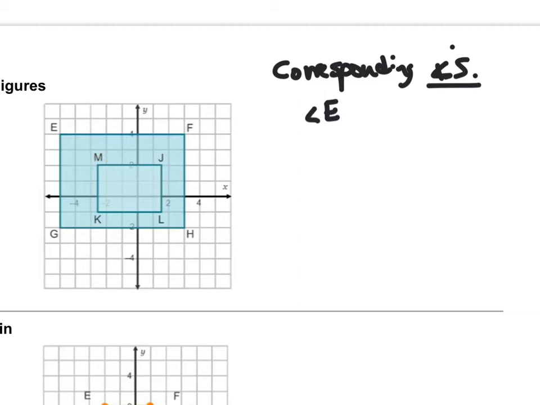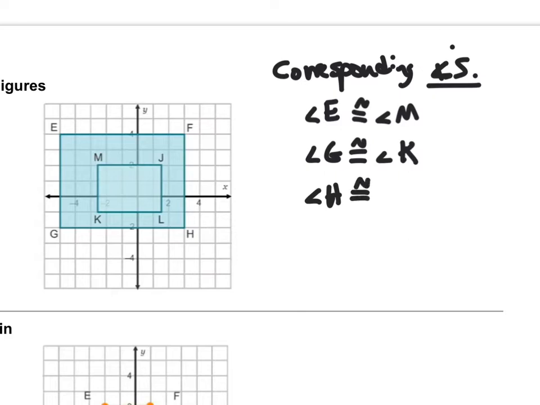So angle E is going to be congruent to angle M. I also know that angle G is in the bottom left, and so is angle K. So angle G is congruent to angle K. I know that just because they're right angles. You can kind of just tell. I also know that angle H is congruent to angle L. And then I also know that angle J is congruent to angle F.